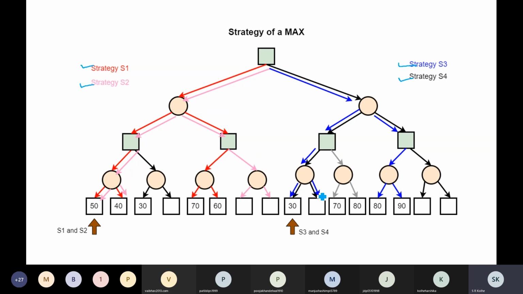Sir, at max we select all nodes and at min we select only one. Then why do we select both 50 and 40? Why do we select all at max and one at min? Again, repeat the question.